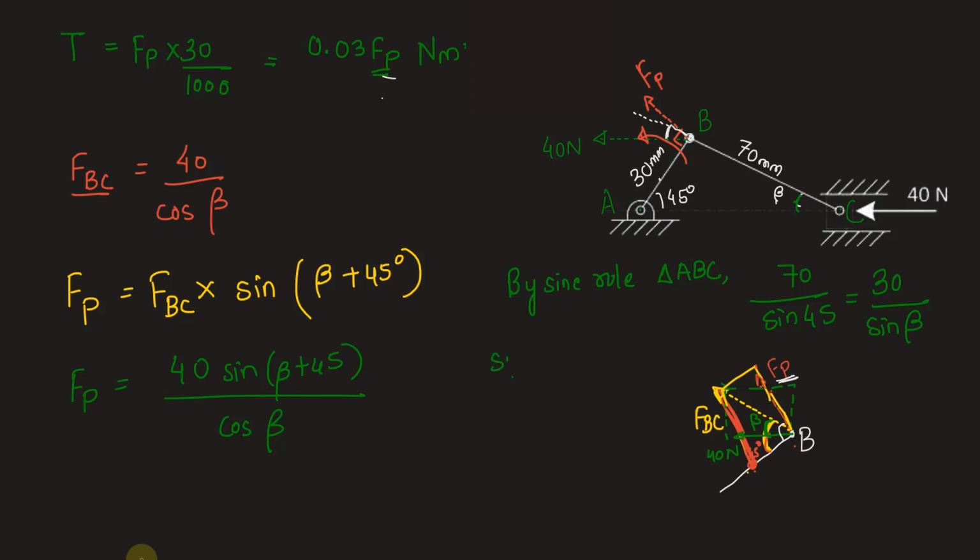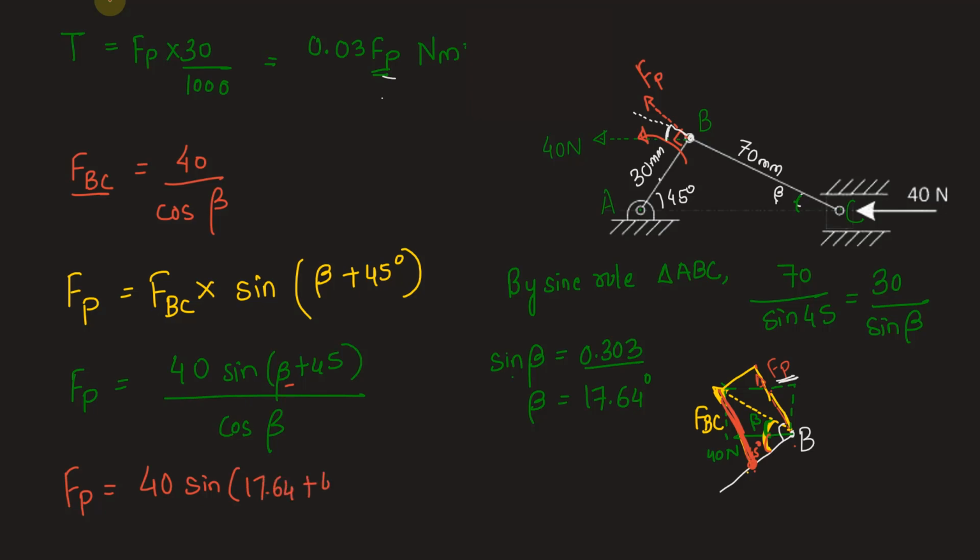From here we will get sine beta will be equal to 0.303, and taking sine inverse of this value, we will get beta to be 17.64 degree.